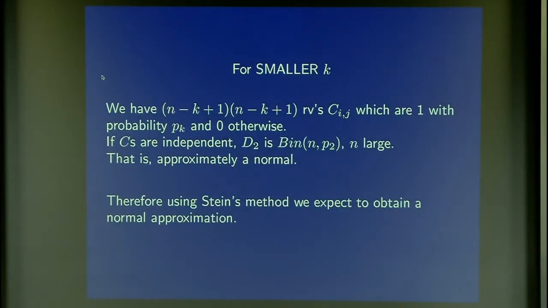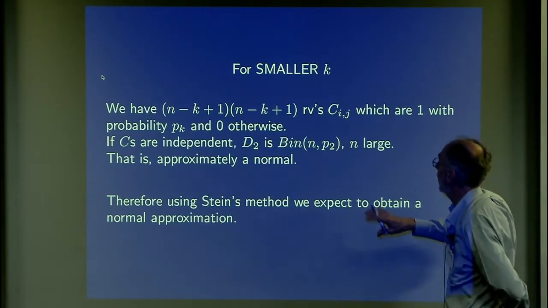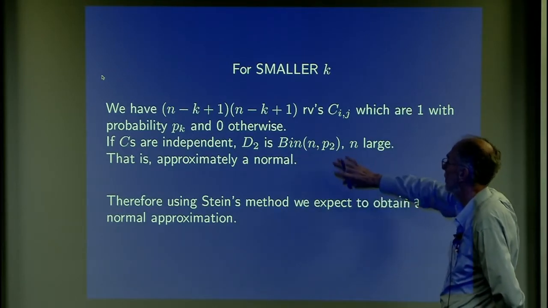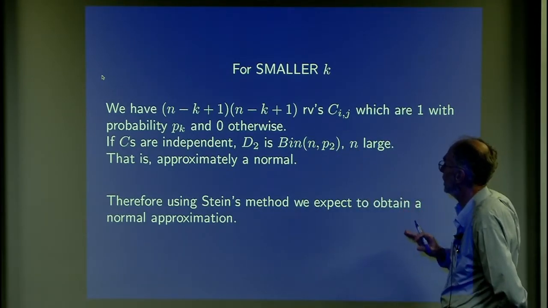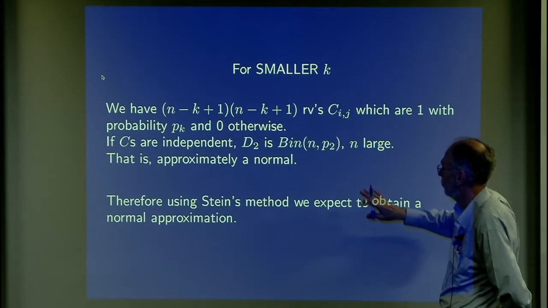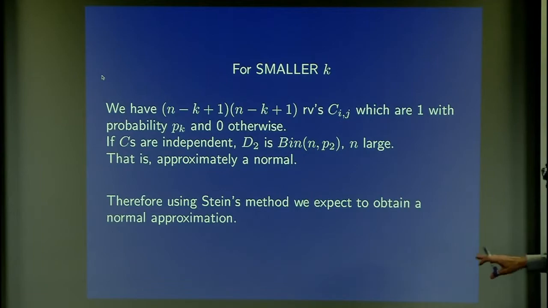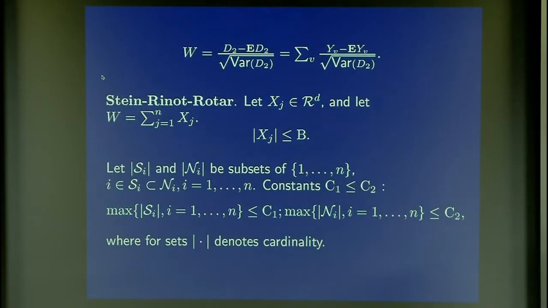So here we have these random variables, which are 1 and 0. And if they're independent, you wouldn't need any of this to do that. So if they were independent, there would be approximately normal. The dependence is not too great, and using Stein's method, we expected to get a normal approximation.